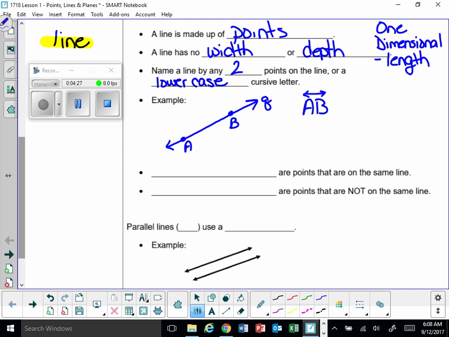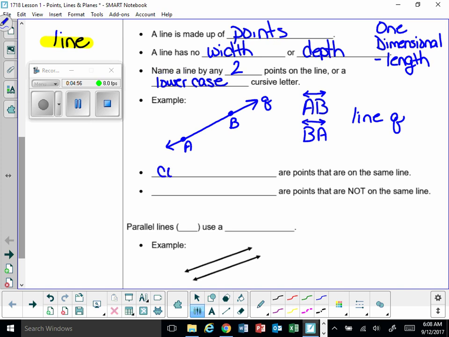When we look at this, we actually read it with the symbol first, line AB. So what's on top gets read first. You could also name it line BA, or you could spell out the word line and use the lowercase cursive q I labeled it with. So you have 3 options for naming this line.